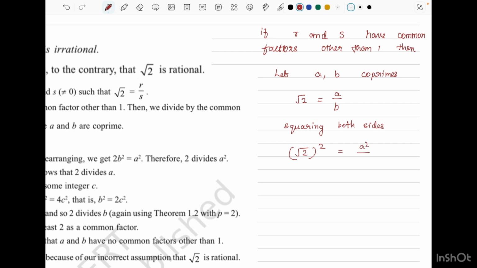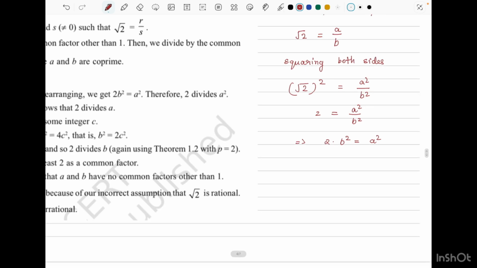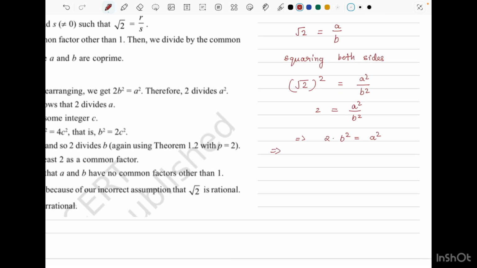Since root 2 square is 2, we get 2 is equal to a square by b square. Then taking b square to the other side, we get 2 into b square is equal to a square. That implies 2 is a factor of a square. That is, 2 divides a square. 2 divides a square implies 2 divides a, that we have done before.